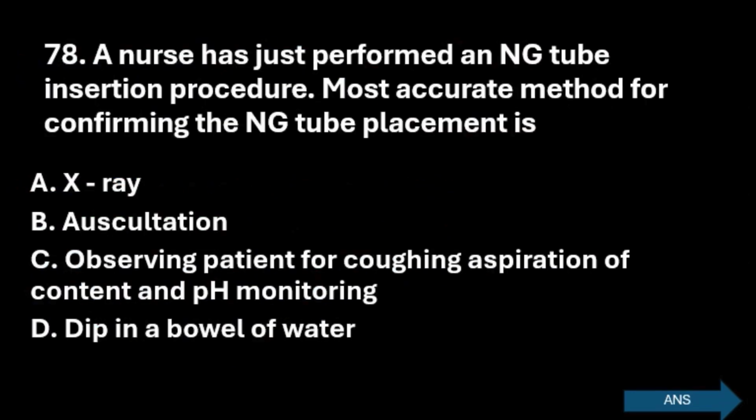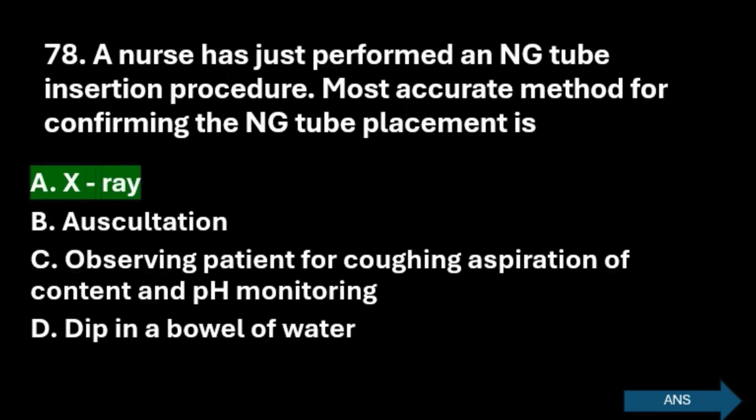Next question. A nurse has just performed an NG tube insertion procedure. Most accurate method for confirming the NG tube placement is: option A, X-ray; option B, auscultation; option C, observing patient for coughing, aspiration of content and pH monitoring; option D, dip in a bubble of water.